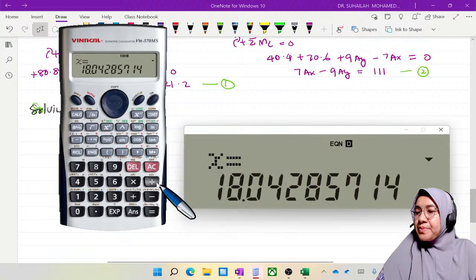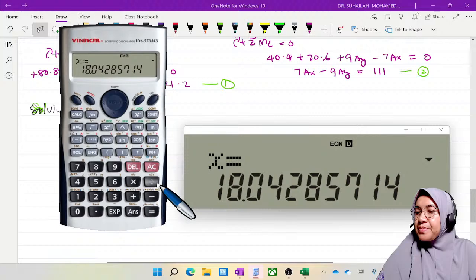So what we want is actually AX. So we substitute AX equal to 18.04 and DX, which is not yet calculated. This is -35.3 minus 70.6 plus 9DX.